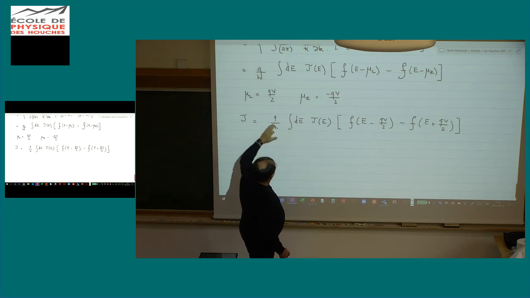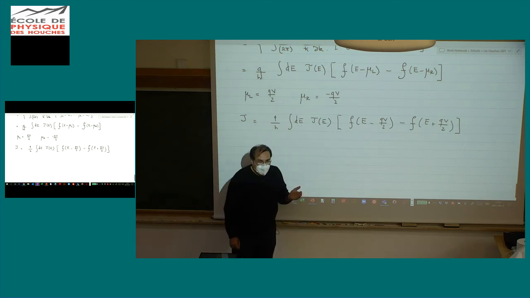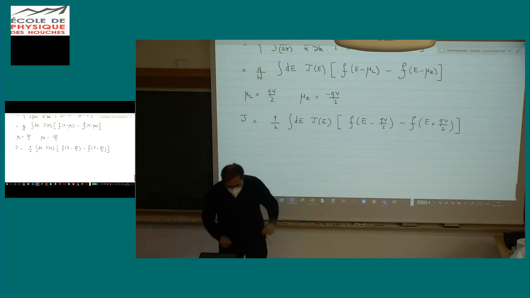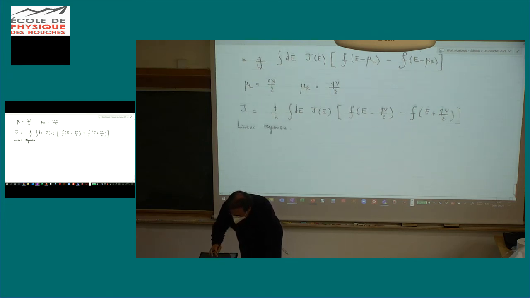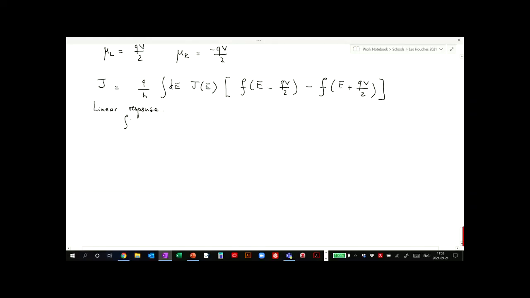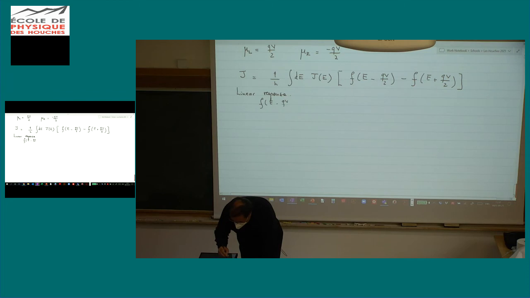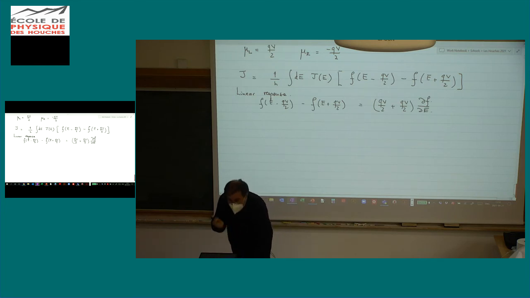And let's look first at what it gives in linear response. So let's do the expansion in linear response. If I just do linear response, which means that I can assume that V is small, then f of E minus qV over 2 minus f of E plus qV over 2 will be qV over 2 minus minus, so plus qV over 2 times the derivative df/dE, which is essentially at zero temperature a delta function if I have fermions.